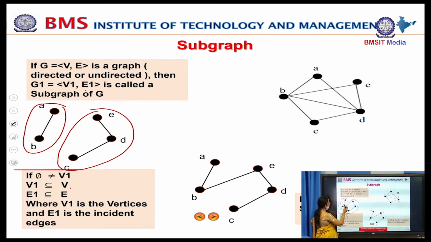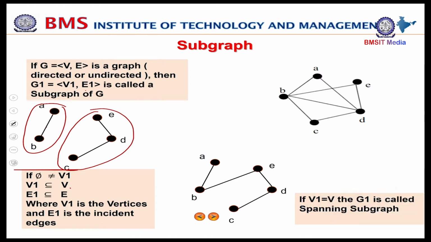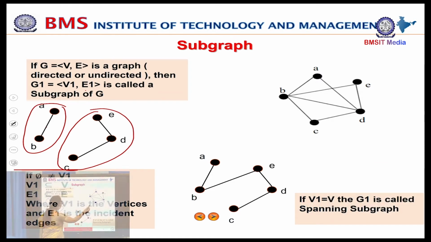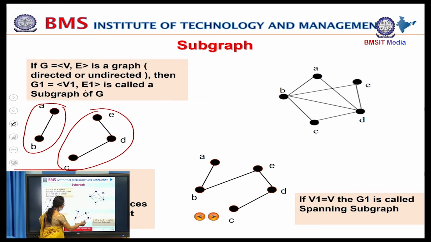Here we have considered one edge and two vertices, so I can call it a subgraph, and here I have considered three vertices and two edges, I can call it a subgraph. Similarly, here I have considered all the vertices of the graph with minimum number of edges.